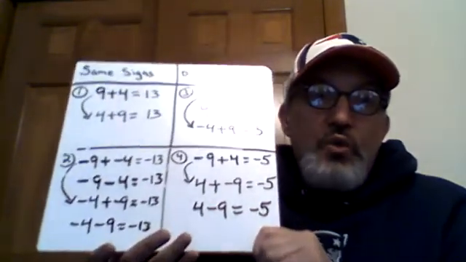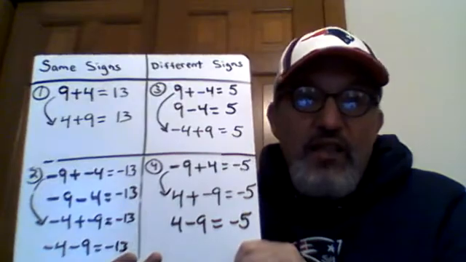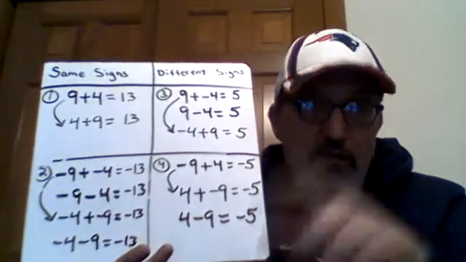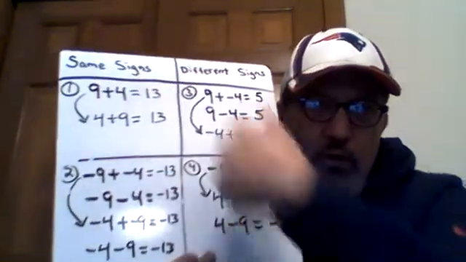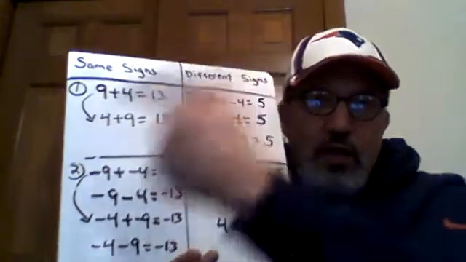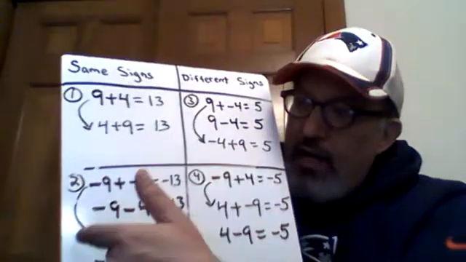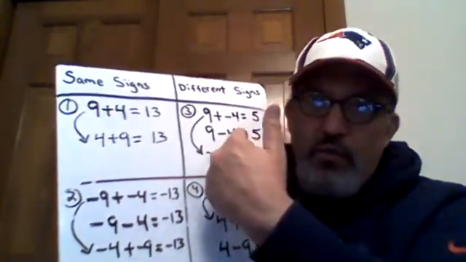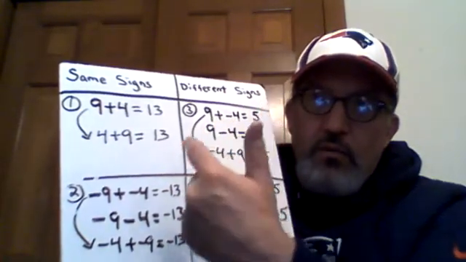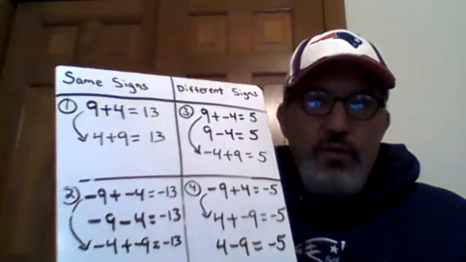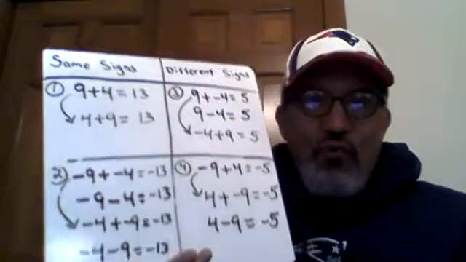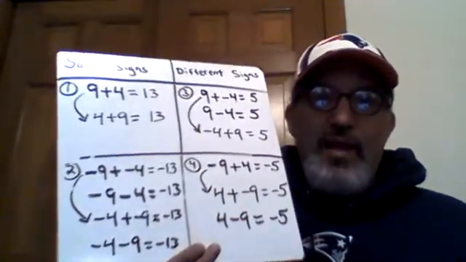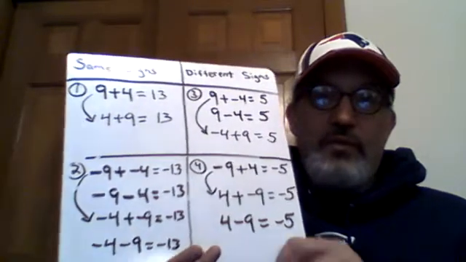Maybe use 3 and 11 and negative 11 and negative 3. See if you can make up a chart like this. 11 plus 3, negative 11 plus negative 3, 11 plus negative 3, and negative 11 plus 3. Do what I did with 4 other numbers and get used to it.